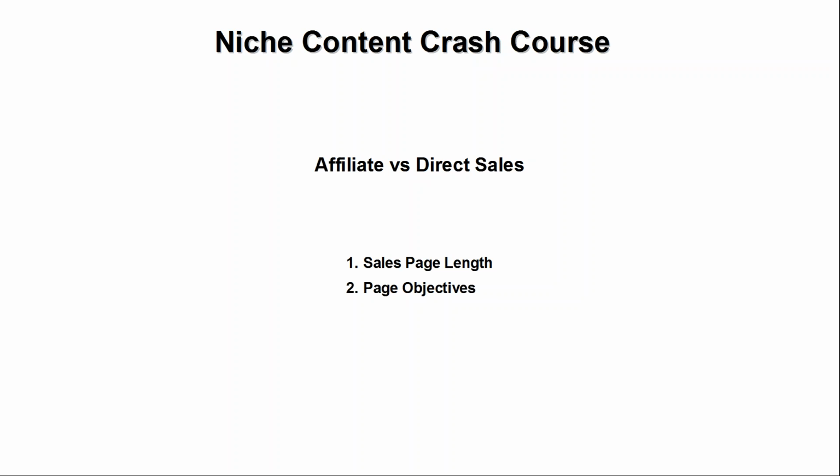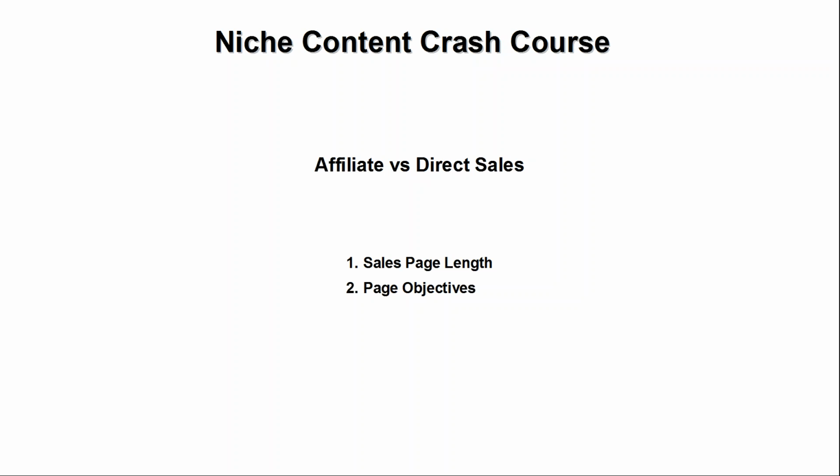Now to start with, I want to go over some of the differences between trying to do a review page as an affiliate and also trying to do direct sales with this type of content writing. While there are a lot of similarities between the two, the overall approach that you need to take can also be quite different with the two of them as well.